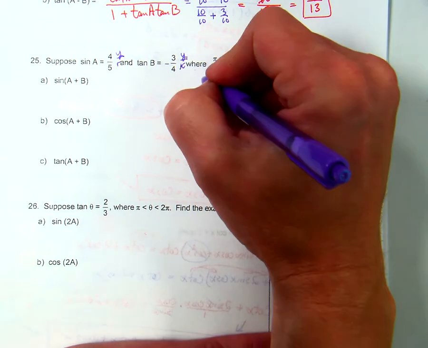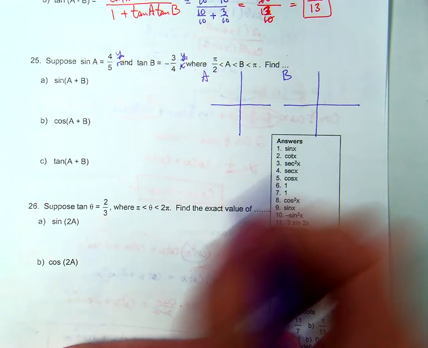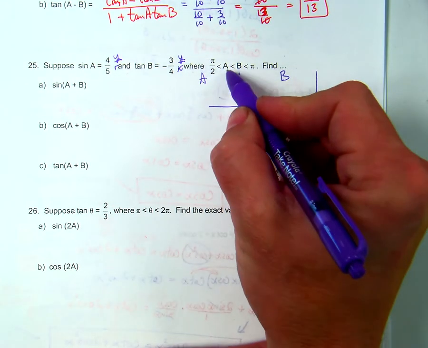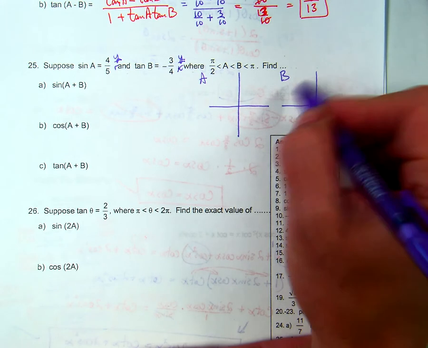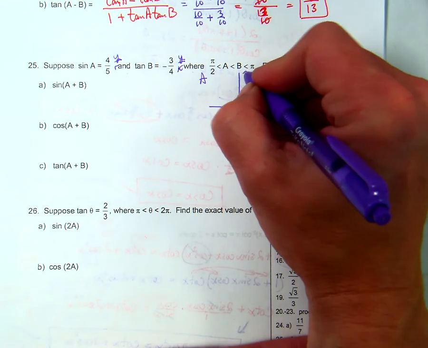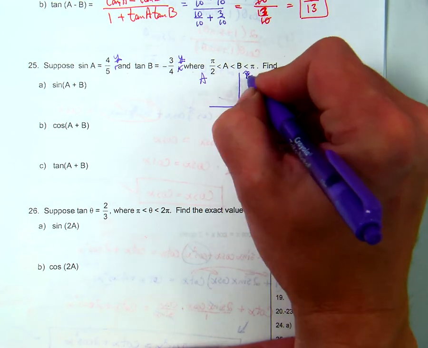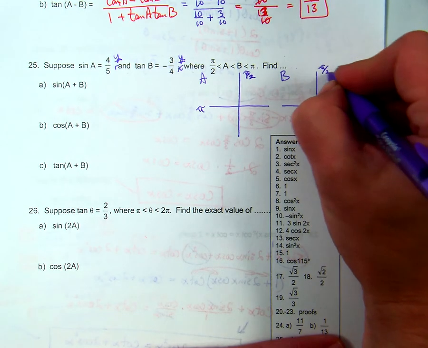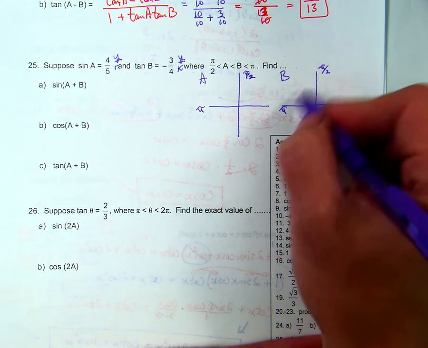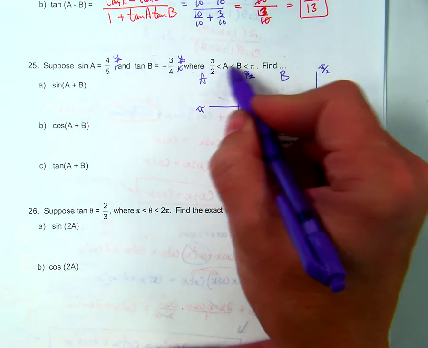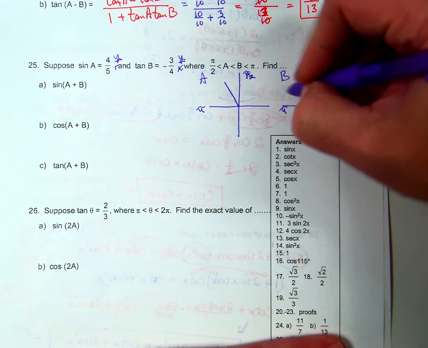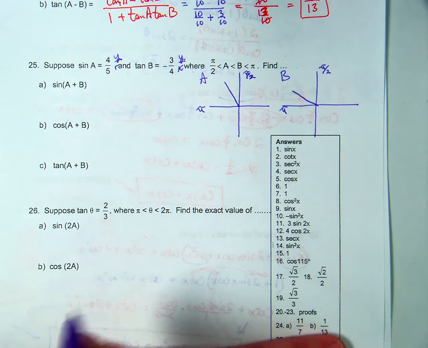We'll take this as angle A, and this one is angle B. It says angle A is smaller than B, so wherever these happen, in the second quadrant between pi halves and pi, they both happen between that. A is smaller than B, so A would look something like this, and B would look something like that, right?